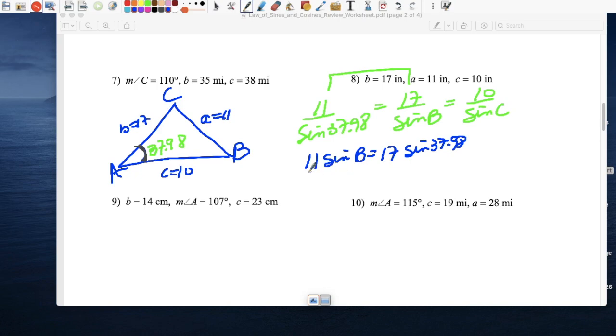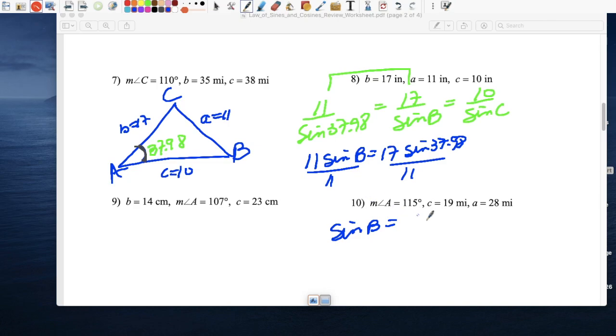We're going to divide both sides by 11. Sine of B is going to equal 17 times sine of 37.98 divided by 11.